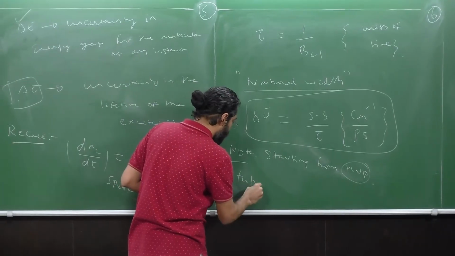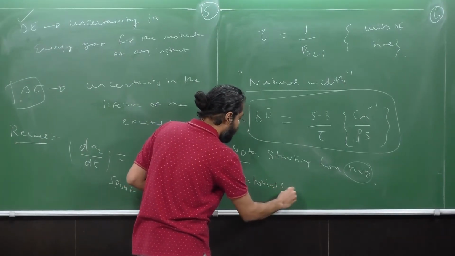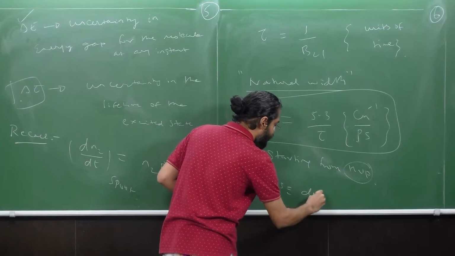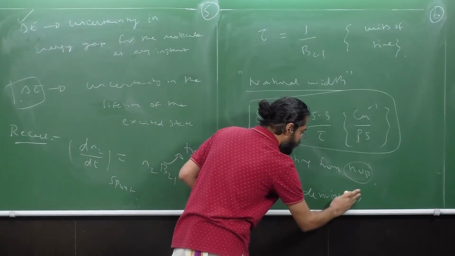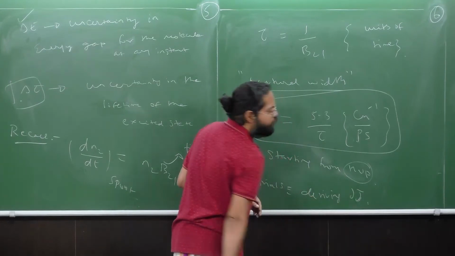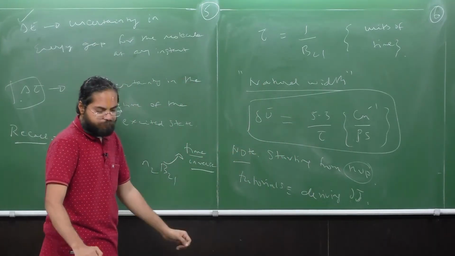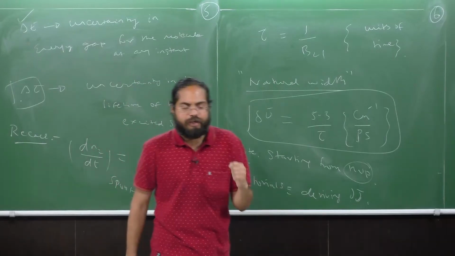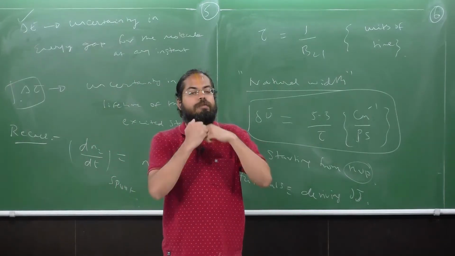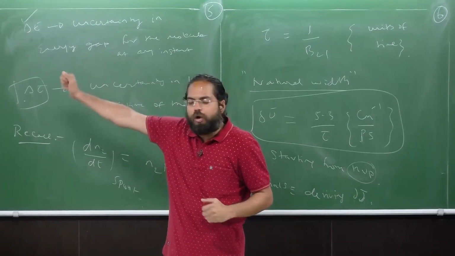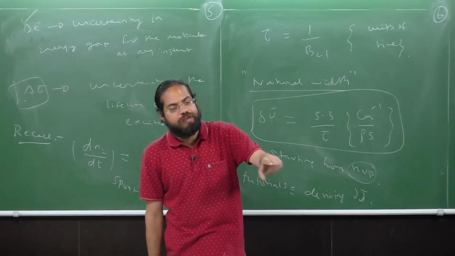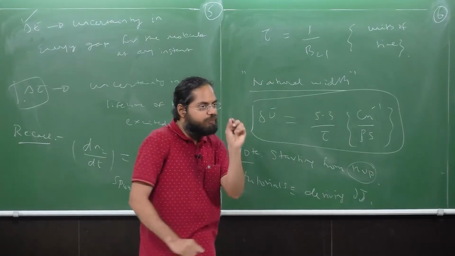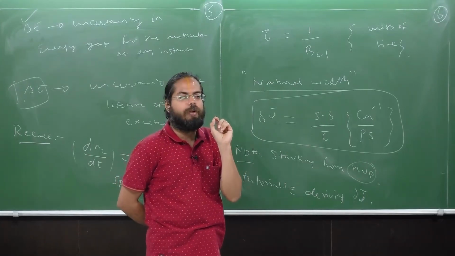In the tutorials, we shall be deriving the expression for the change in the frequency. All right. So we understand that the quantum mechanical nature, that is the paradoxical wave-particle nature of both matter and light, itself adds a natural width to the spectral line.